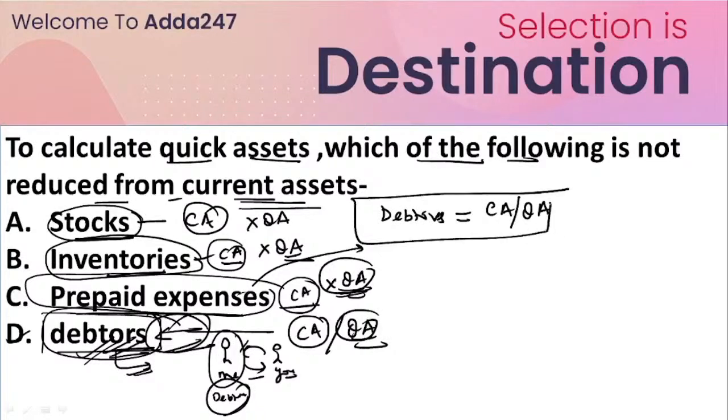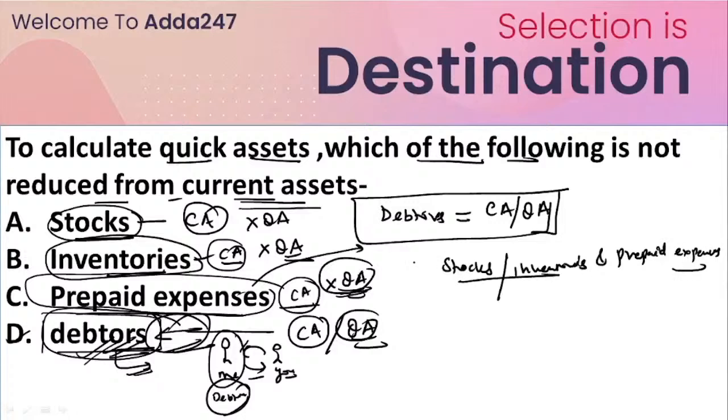You have to understand one more important thing: when you understand what current assets and quick assets actually are, whenever the terms given are stocks, inventories and prepaid expenses, in the exam you will get only these kinds of terms for the questions.